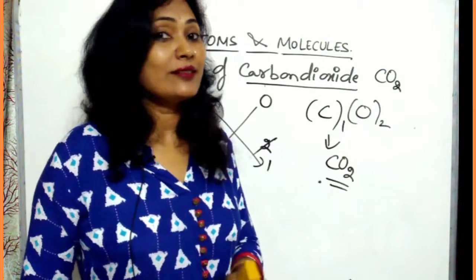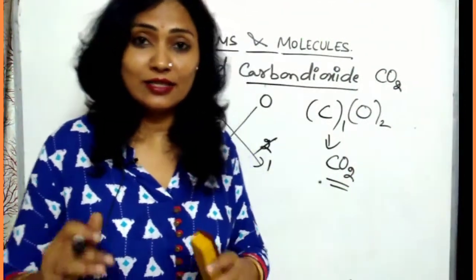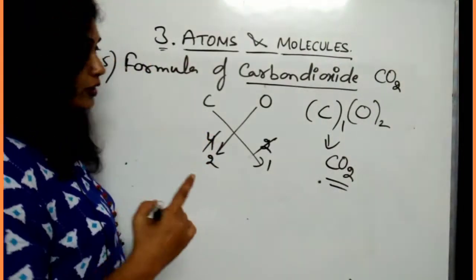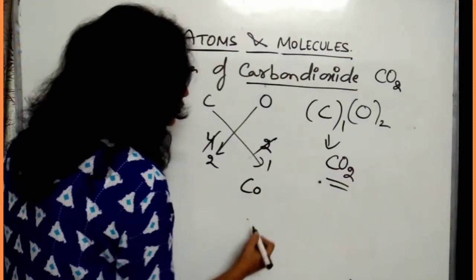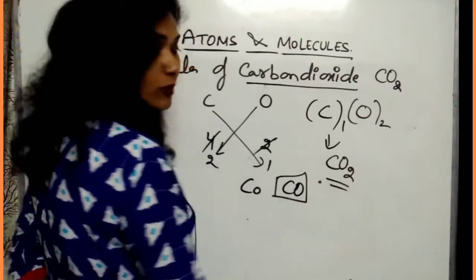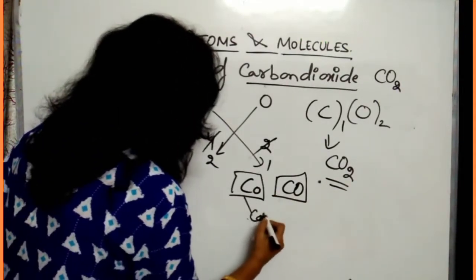Please remember that you should write both the symbols in capital letters, C and O. I have already explained that if you write CO and Co, this is carbon monoxide and this is the symbol of cobalt.